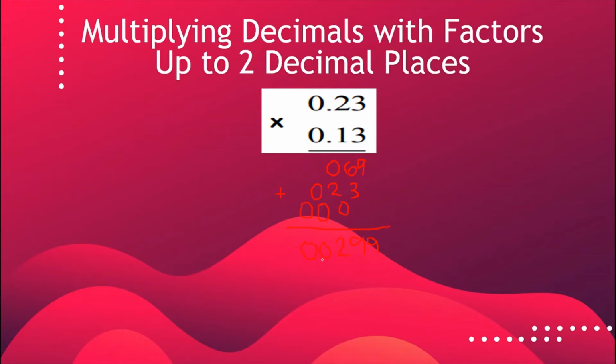So this will be the position of our decimal point. To see clearly, our answer for this one is 0.0299. That's how we multiply factors with 2 decimal places.